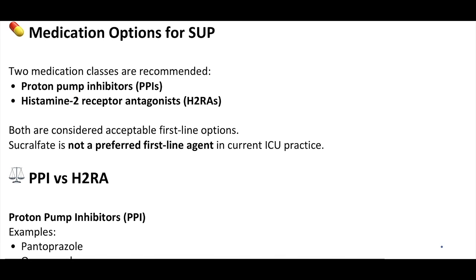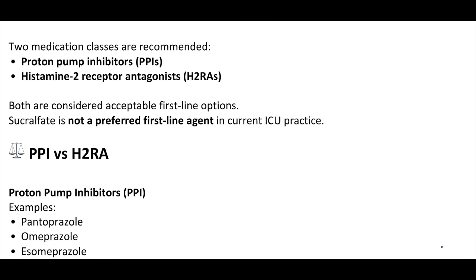What about medication? We've talked about the indications, we've talked about the evidence. Still a little bit vague, but we at least have some guidance there. We've talked about mechanical ventilation alone not being a reflexive indication for stress ulcer prophylaxis, despite some of the historical precedent. But let's talk about the actual medications. What should you be using? What should you consider using?